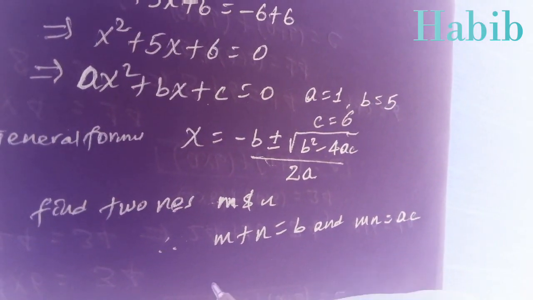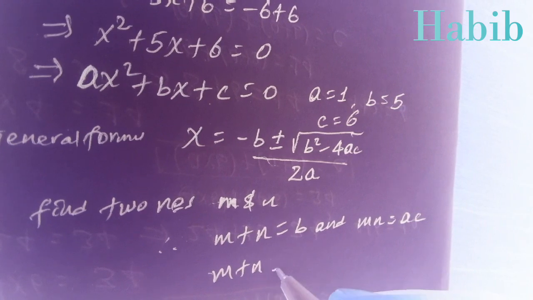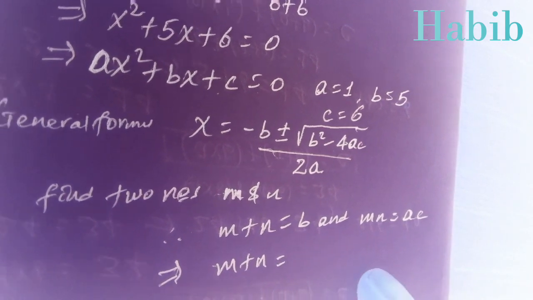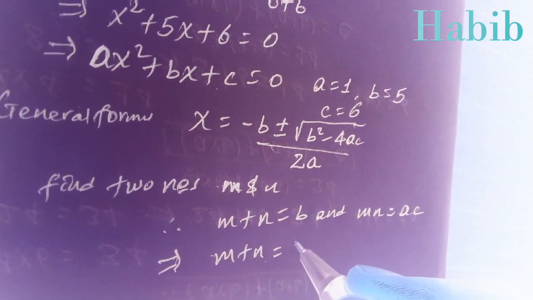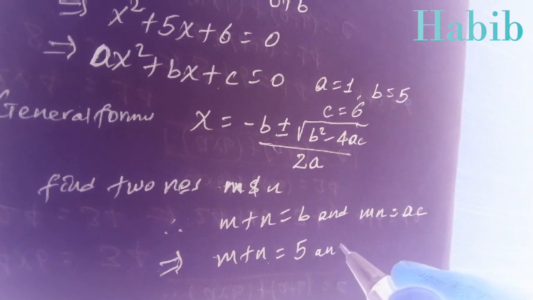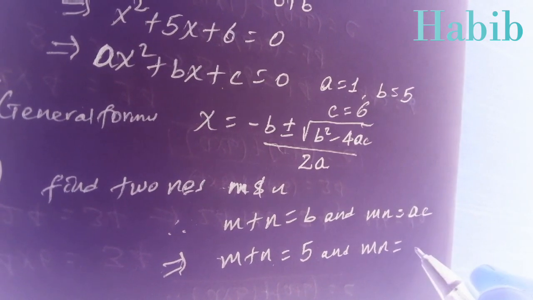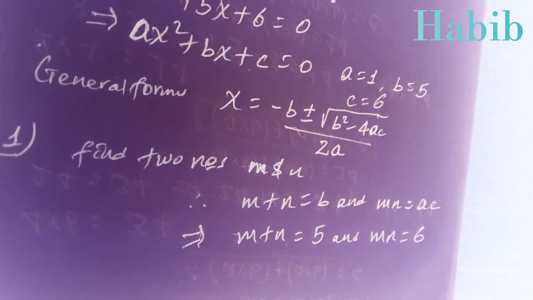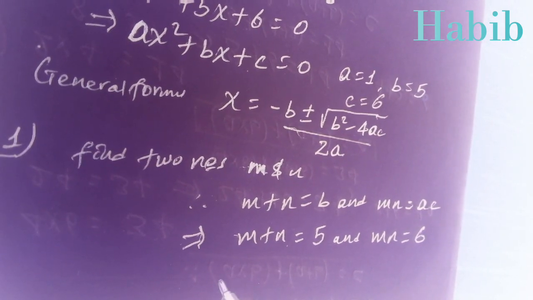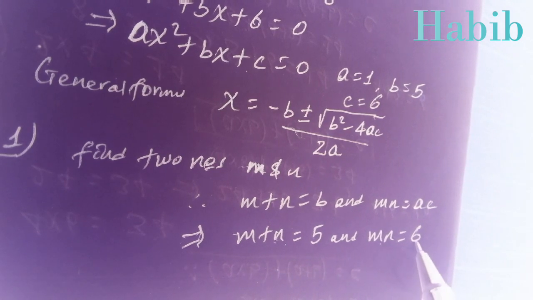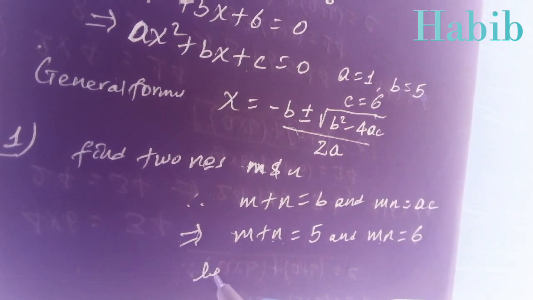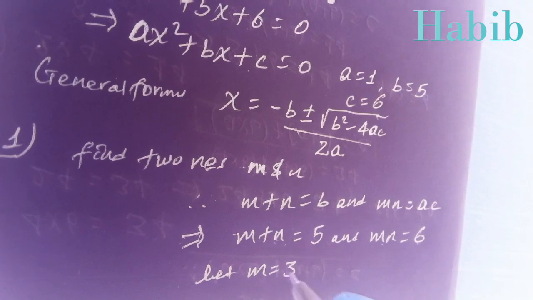A is the coefficient of x squared and c is the constant. M plus n in this case is 5, because b is 5, and their product m times n becomes 6, and the constant number c is 6. Therefore, we can find which numbers have sum 5 and product 6.